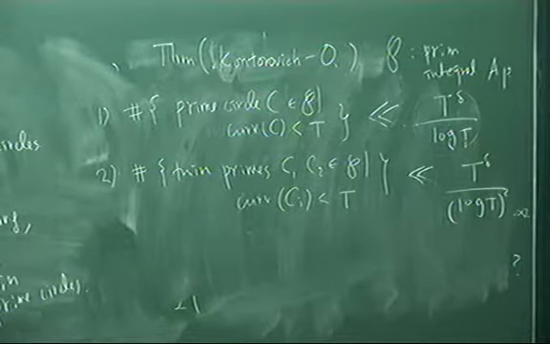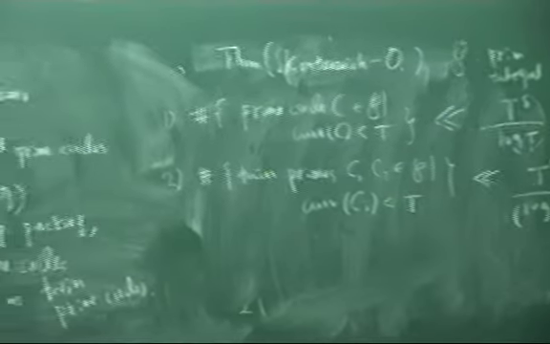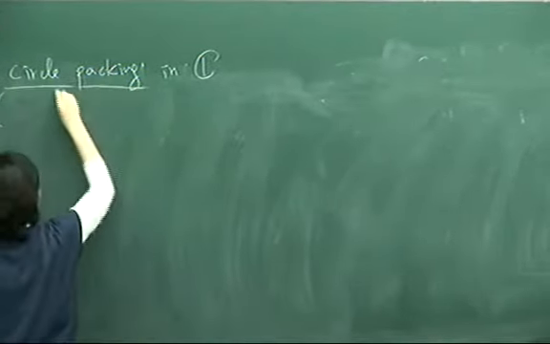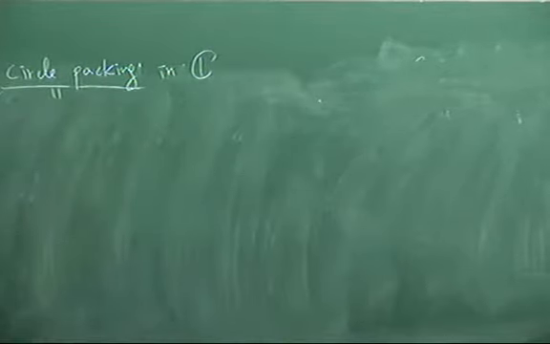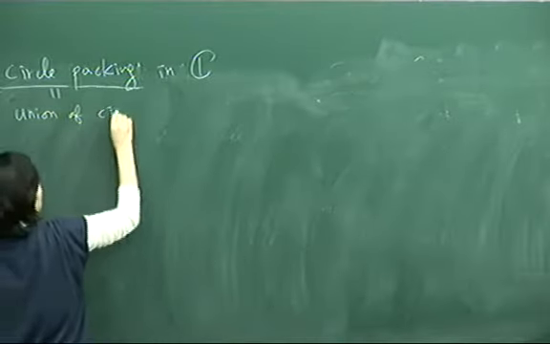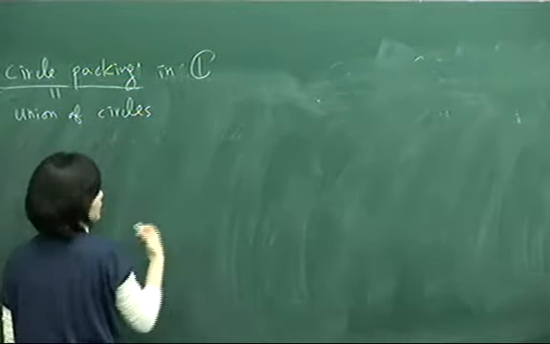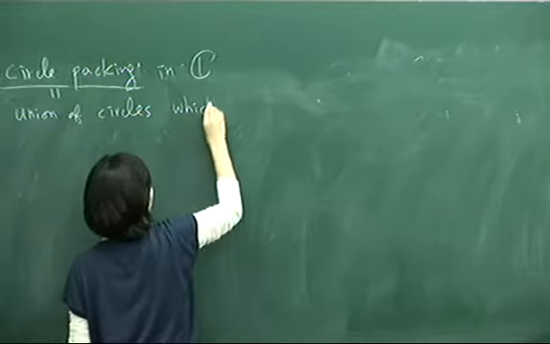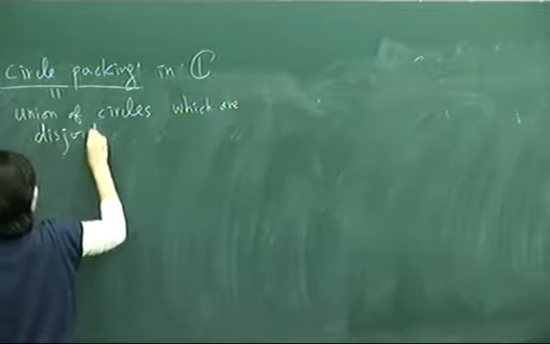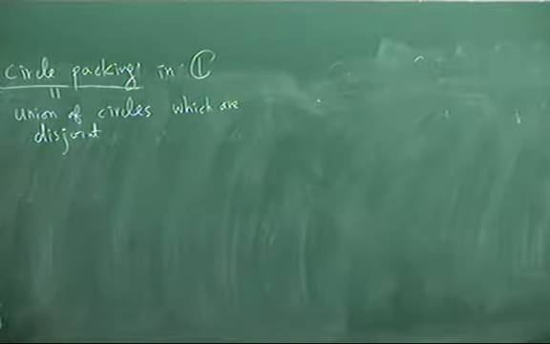So let's begin with an arbitrary circle packing, and then let's see what we can say about this. Let's think about some circle packing in the complex plane C. What do I mean by circle packing? I simply mean a union of circles which are disjoint, but we allow tangency, like in the Apollonian packing.